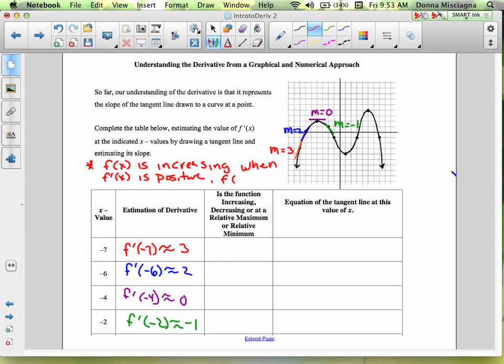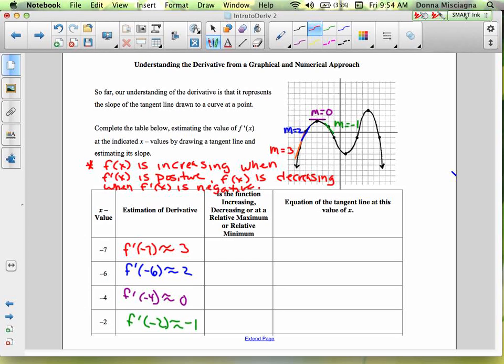And f of x is decreasing when f prime of x is negative. All right, so let's go through the positive and negative values, and we can write in increasing and decreasing, and we will put a little explanation. Always put an explanation. Err on the side of putting an explanation in at all times.